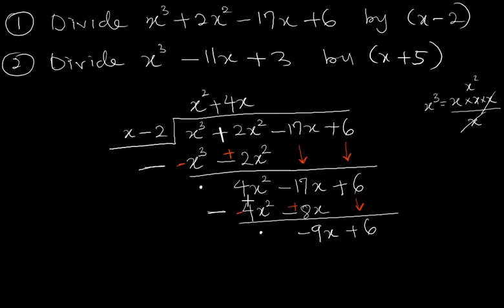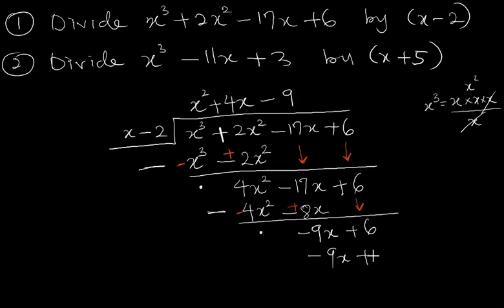We then use x again to divide minus 9x. Minus 9x divided by x is simply going to have minus 9. Again, we have x multiplying this 9 again. We have minus 9x. So we have minus 2 multiplying minus 9.